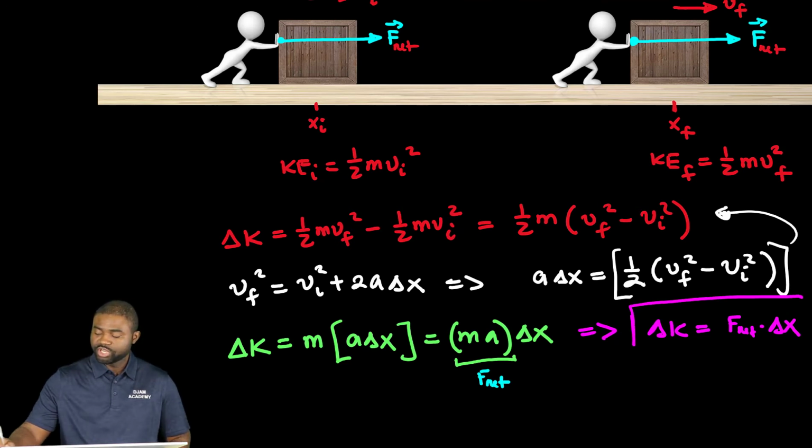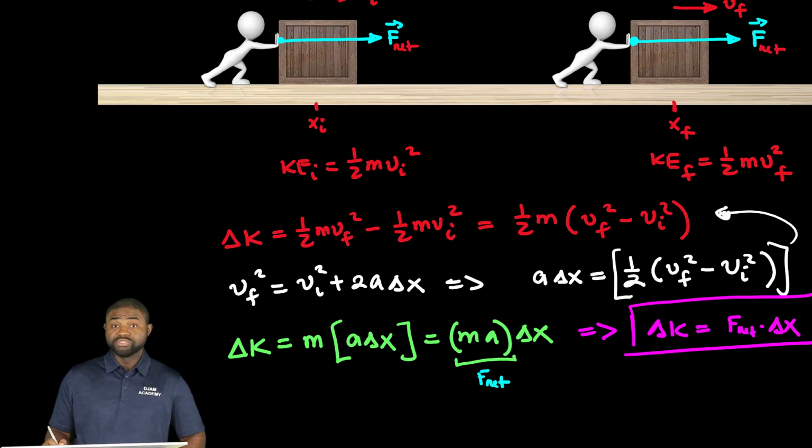Now this is a pretty important equation. By definition, the net work done on a system is equal to the net force multiplied by the distance covered by the system.